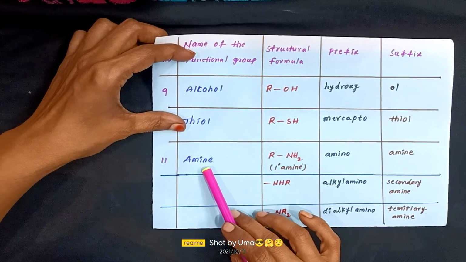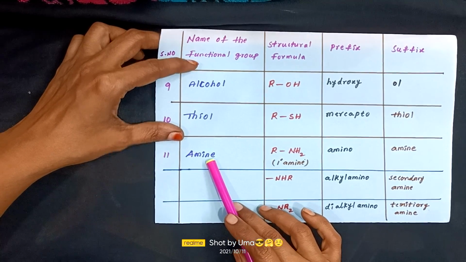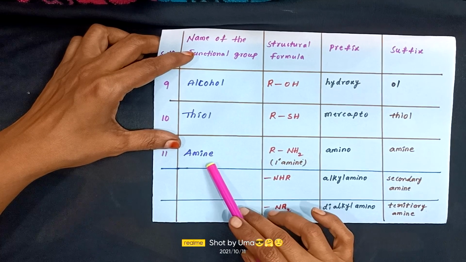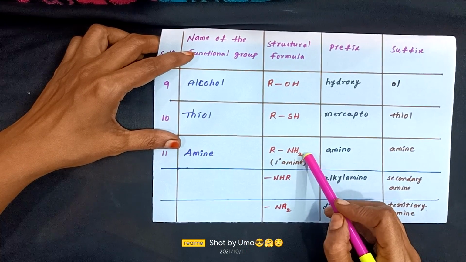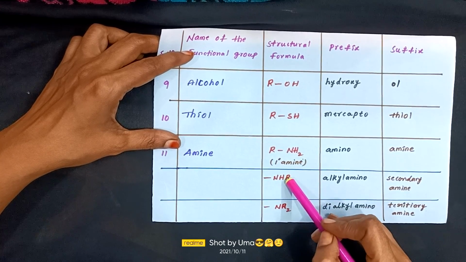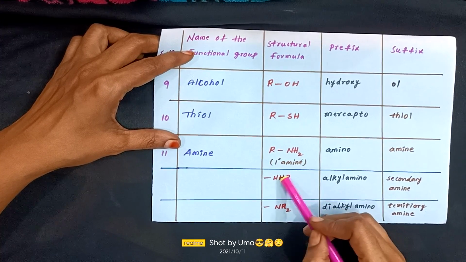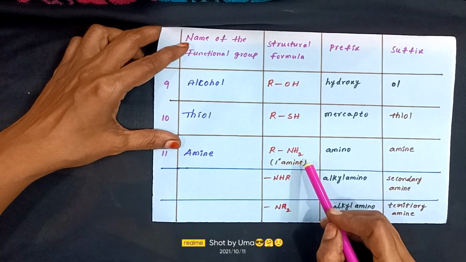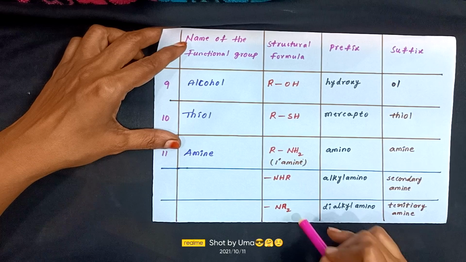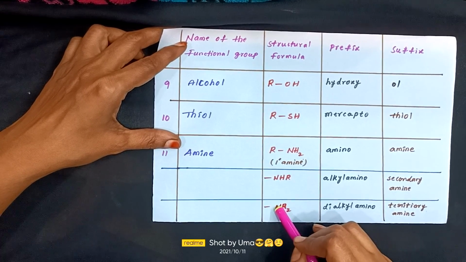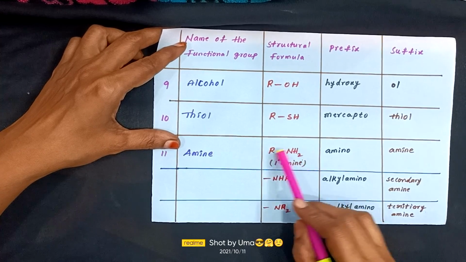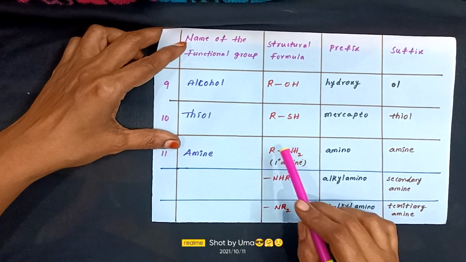And the 11th one, children, amine group. So R bond NH2 group is said to be amine. In this NH2 group already one R is there, so that's why it is said to be primary amine.